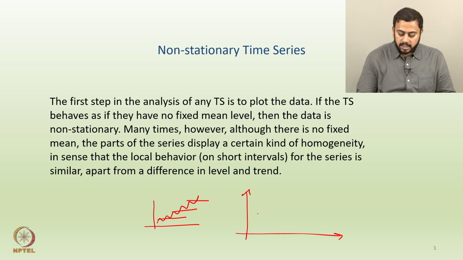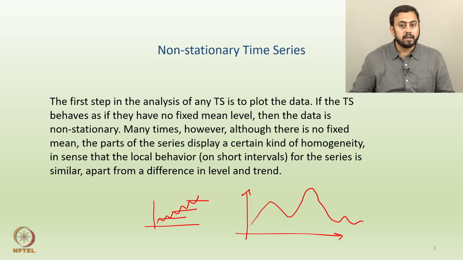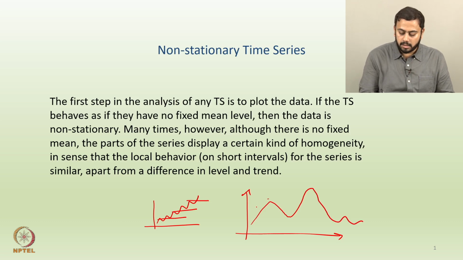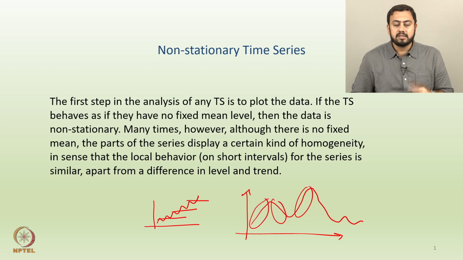Overall there might not be a trend as such, but initially you have an upward trend, then probably downward, then upward again for a while, then again downward, and it continues like that. So, here you see that even though you do not have an overall upward or downward trend, in local intervals, for example here, and then here, and then here, one can observe some trends.